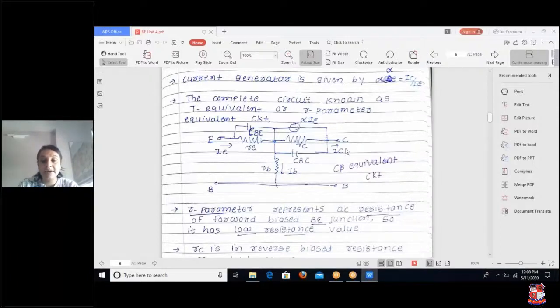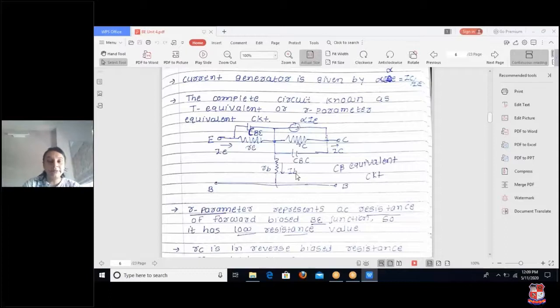Here is your collector and the base, which is known as the output terminal. Now we put the direction of current. IE, you can see, in this R parameter we denote the terminals in small letters, right? Same as RE, RC and RB, I is a capital letter, but e is in a small letter. Same thing IC and IB.